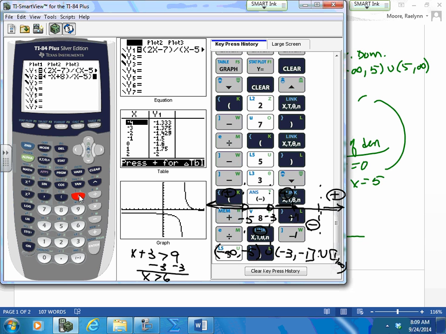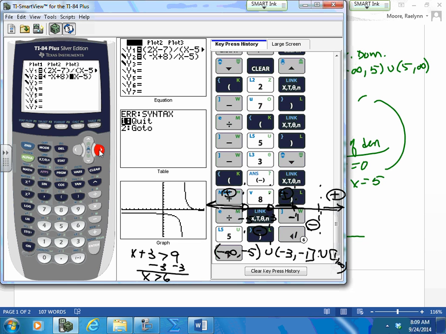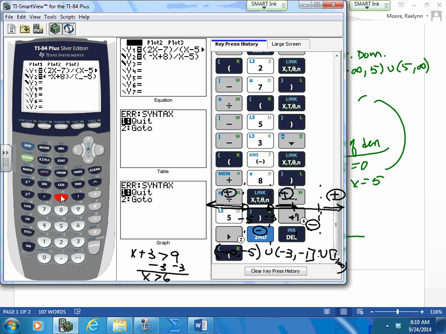Oops. When I graph this, I should see the same exact graph. This tells me if I did everything right.